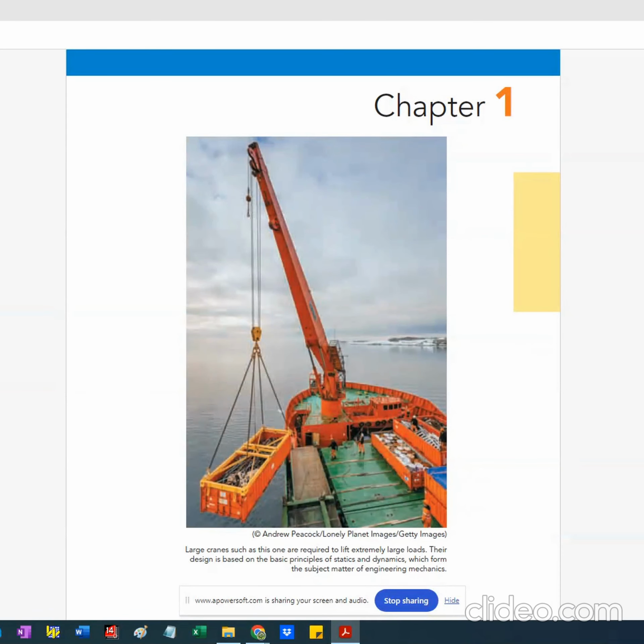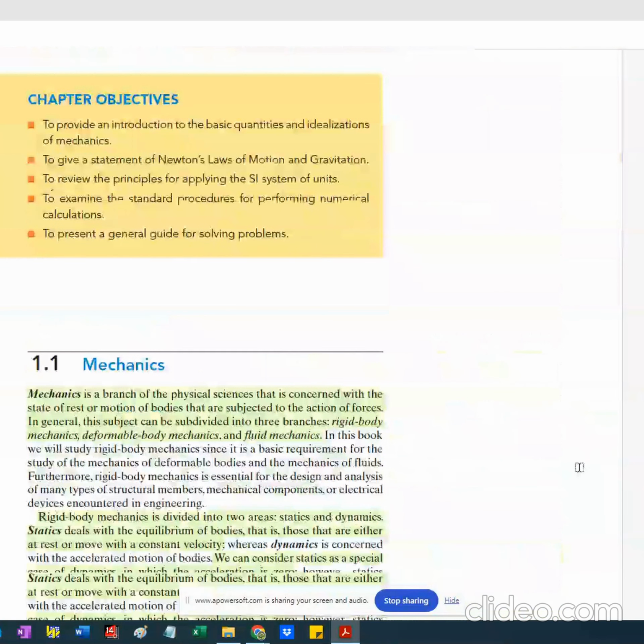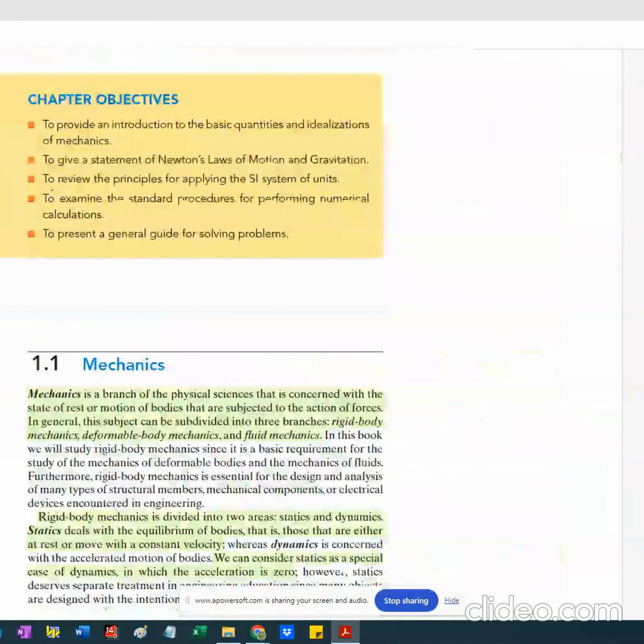So let's get started. The first chapter is about some fundamentals, the definition of mechanics. It has several branches: rigid body mechanics, that'll be statics and dynamics. And then deformable body mechanics is solid mechanics, strength of materials in the undergraduate curriculum, and fluid mechanics.